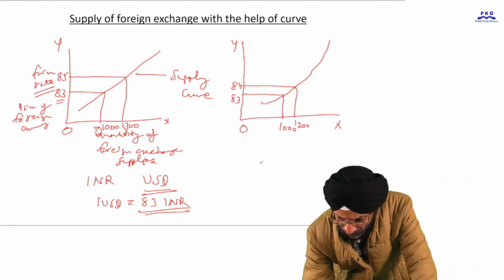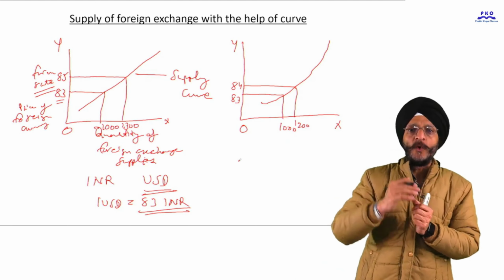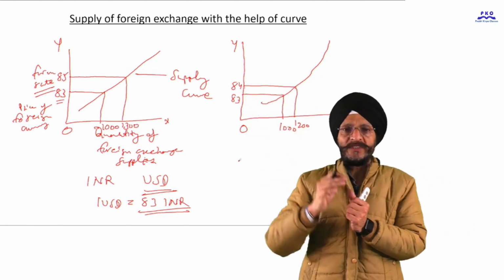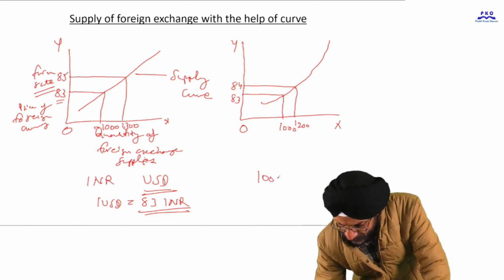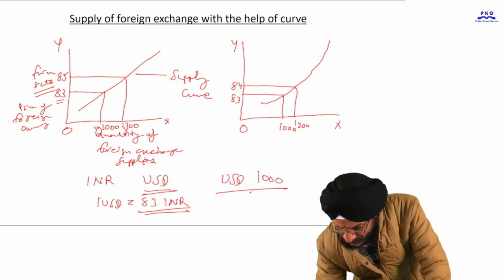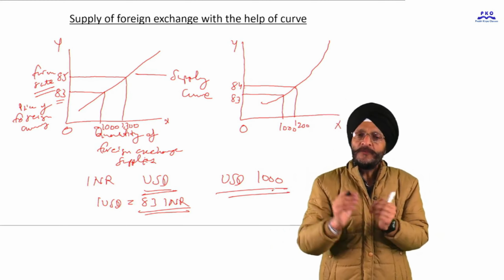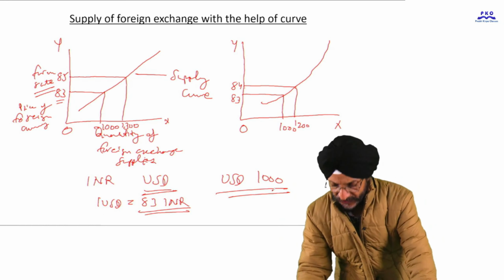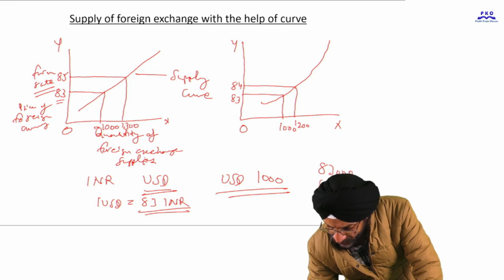the exporter will receive more. For example, if a businessman is supplying goods worth 1000 US dollars to the USA, and the forex rate increases, for the same goods he will receive 84,000 rupees.